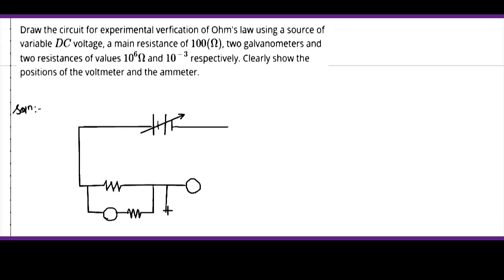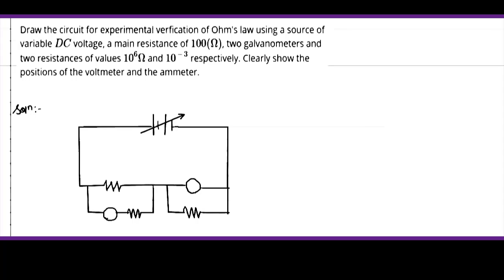We will connect a resistance parallel to this galvanometer, and the value of that resistance will be very small. So it is crystal clear from here which resistance will connect in which branch.